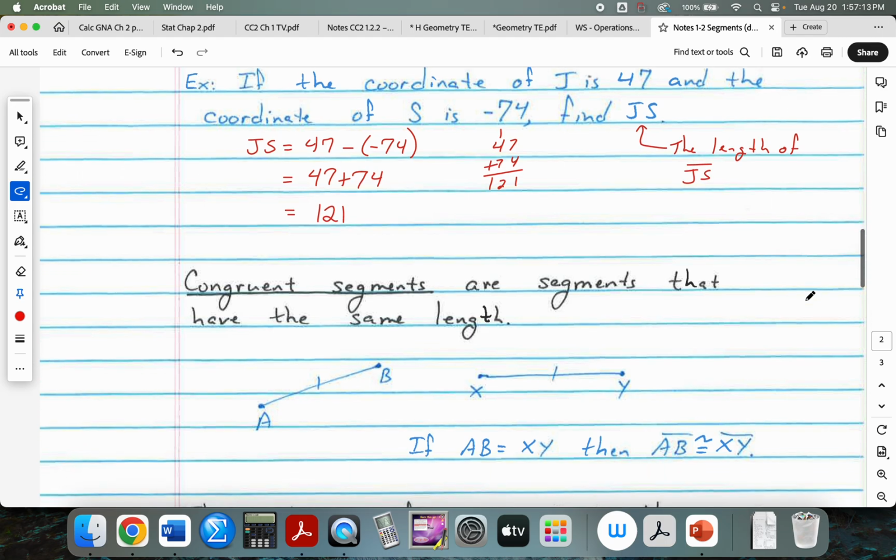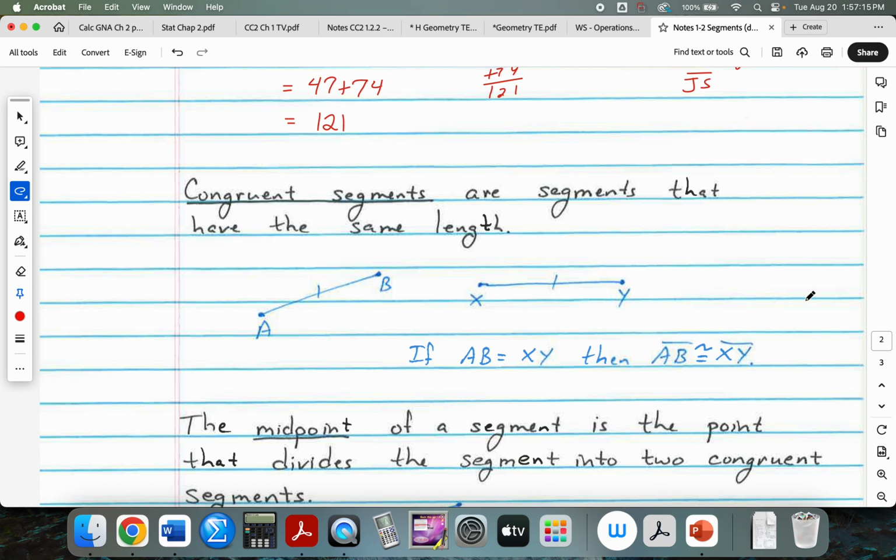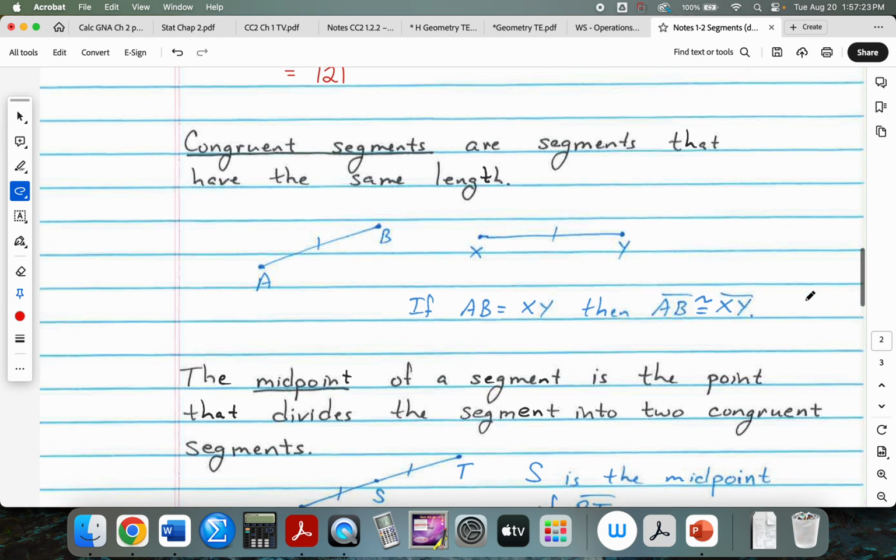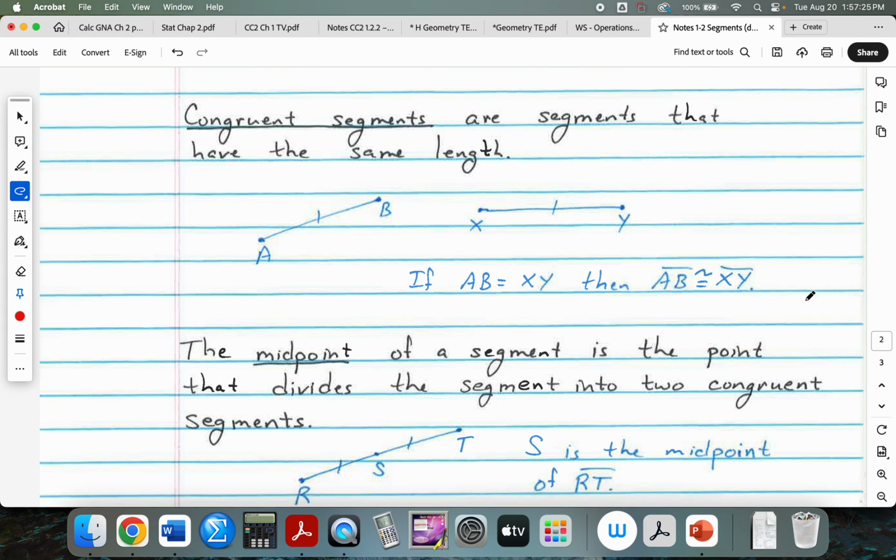Okay, some more stuff about segments. Congruent segments are segments that have the same length. So here I have two segments. And remember, when I just write AB, that means the length of segment AB. So the length of segment AB is equal to the length of segment XY.